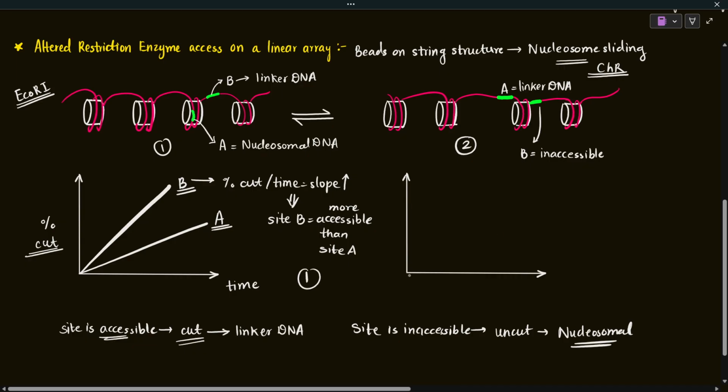But when they performed the same experiment for case two, after the recruitment of chromatin remodelers, they collected data and plotted the percentage cut over time.